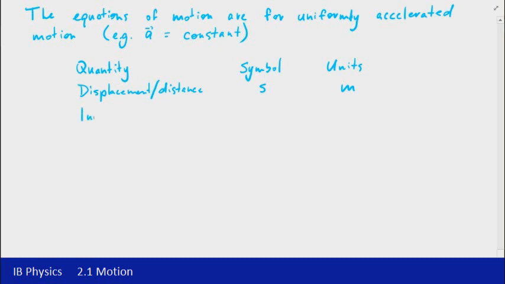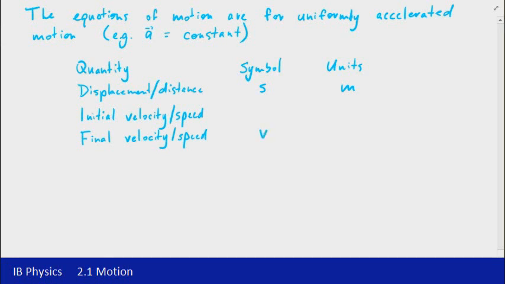Velocity is the critical one here. We're going to split that up into the initial velocity or initial speed and a final velocity or speed. Now, we know that the symbol that we use for velocity is v as a vector, and we also use v for speed as a scalar.